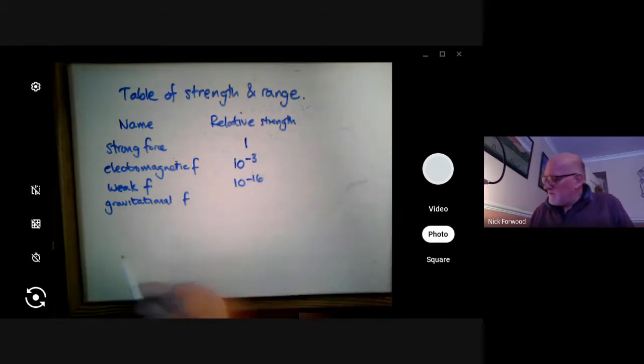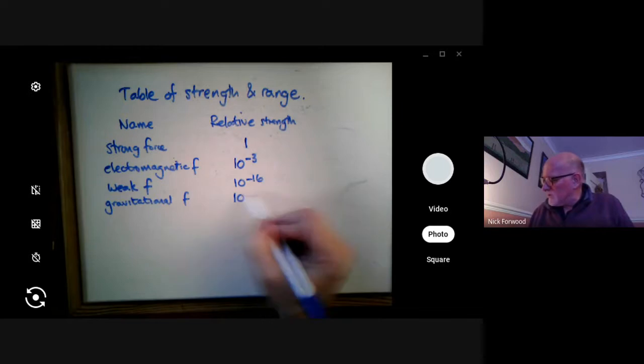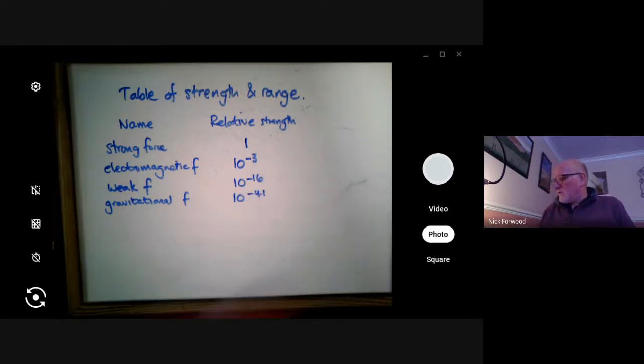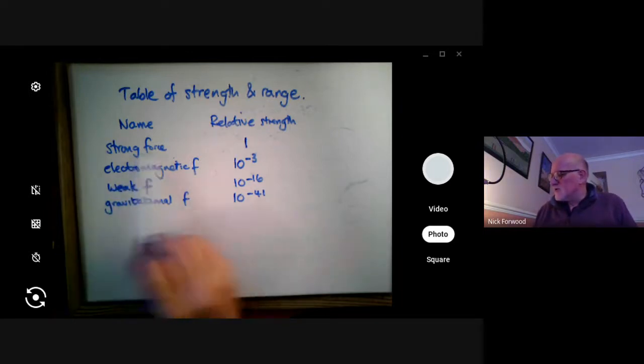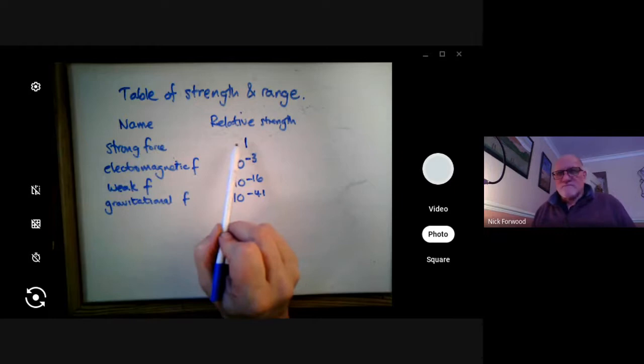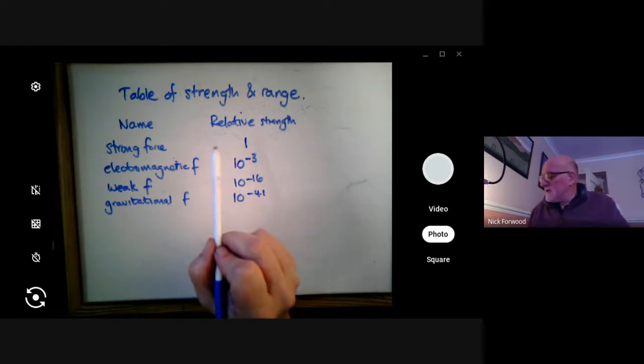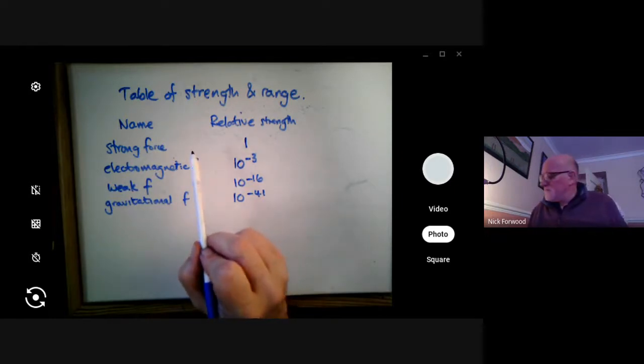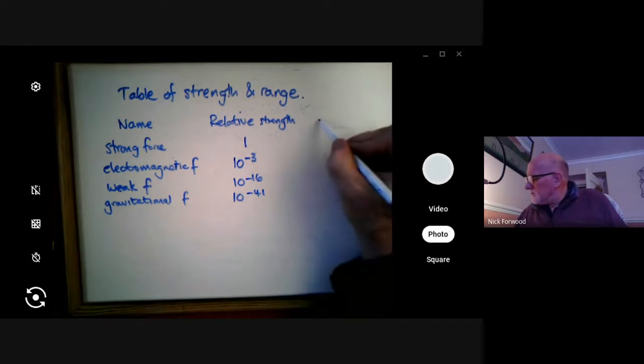And the gravitational force, the weakest one of the lot, 41 orders of magnitude less than the strong force. So the strong force is incredibly strong, has an incredibly short range. And my last column is going to be about the range.